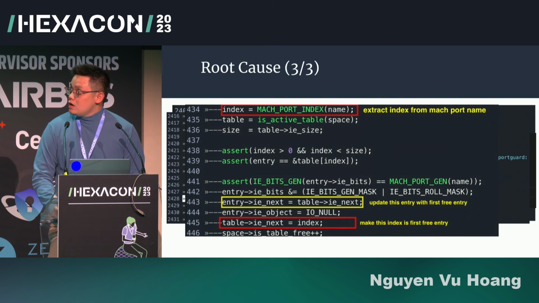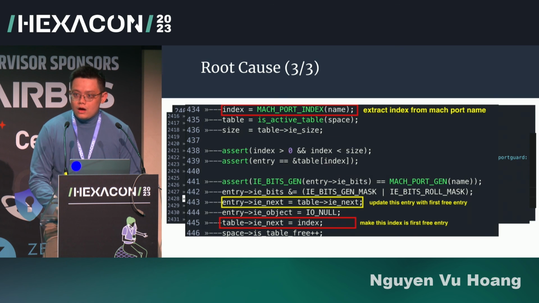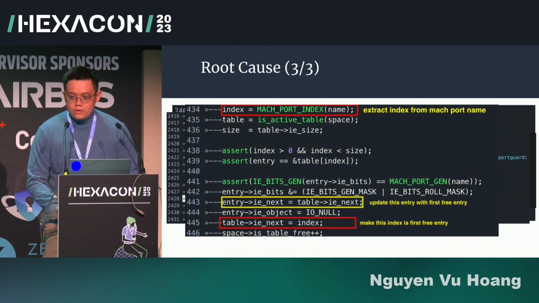Let's take a closer look at the function ipc_entry_dealloc. First it will fetch the index from the Mach port name of the target port, and then it fetches the IPC entry corresponding to this index, and resets this entry back to the initialized state. After that, it will overwrite the ie_next of this entry with the table's it_free, and then finally, it will update the table's it_free with this index.